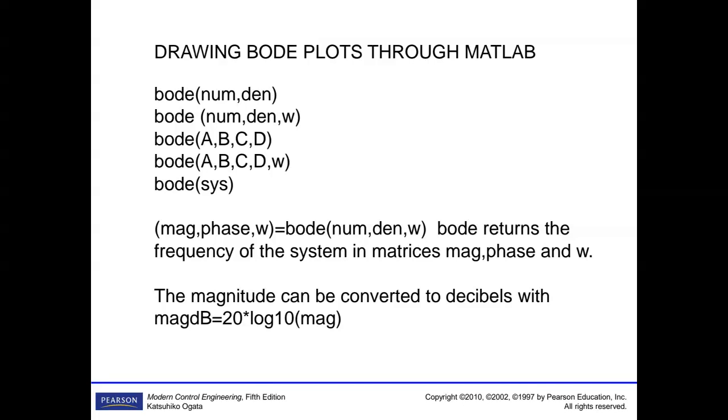If it is a state space, which I'm not emphasizing, bode(A,B,C,D) or bode(A,B,C,D,omega) or bode(system). Magnitude could be obtained or converted to decibels. So these are the definitions. If you need, you can use it.